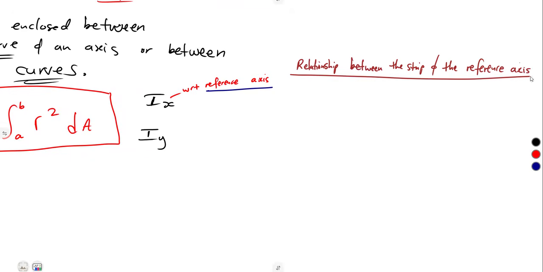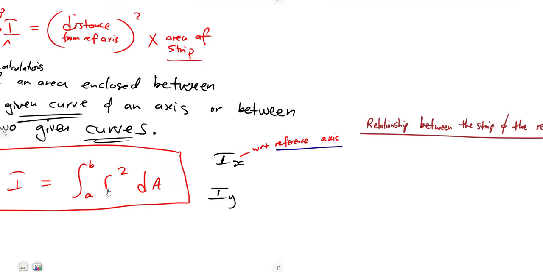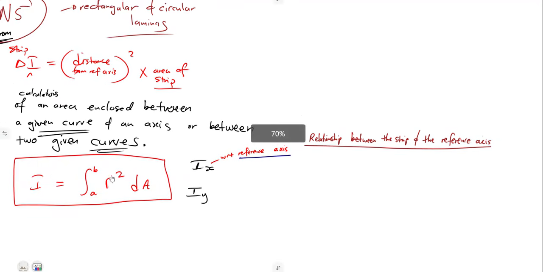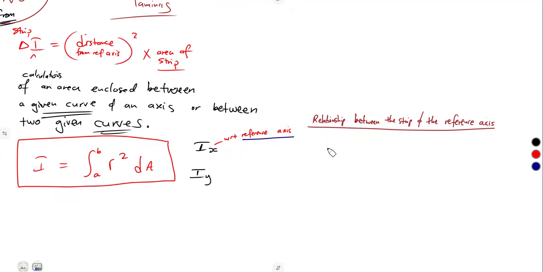So this here affects the distance r. This relationship is going to affect our distance r.